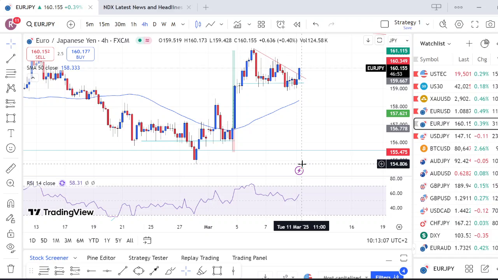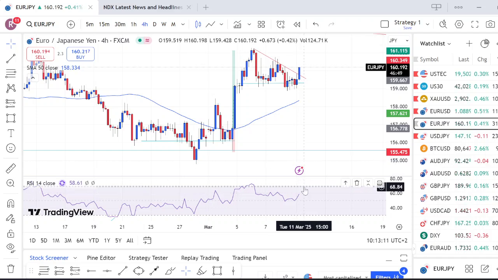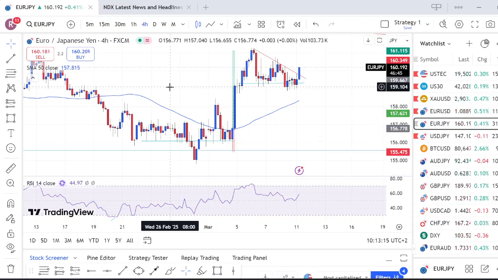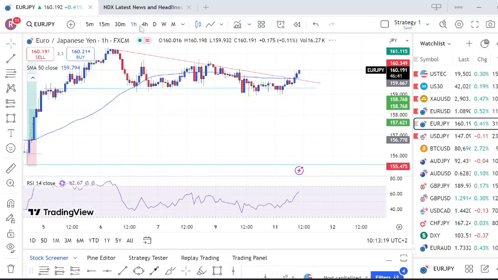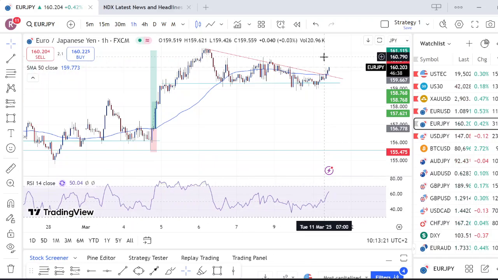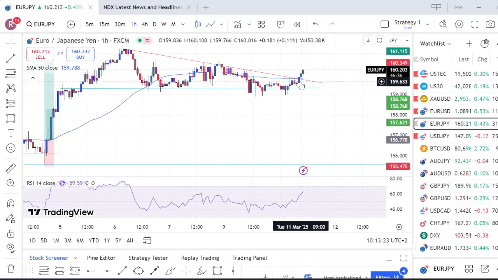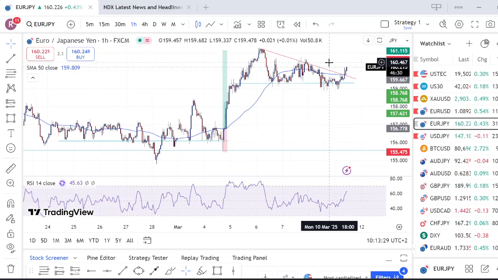Market directionality is definitely pointing bullish at the moment, and we are above 50, below 70 on the RSI, with price trading above the moving average on the 4-hour. Moving on to the 1 hour, we can see a break of said triangle, which happened very much so this morning at around 9 o'clock.